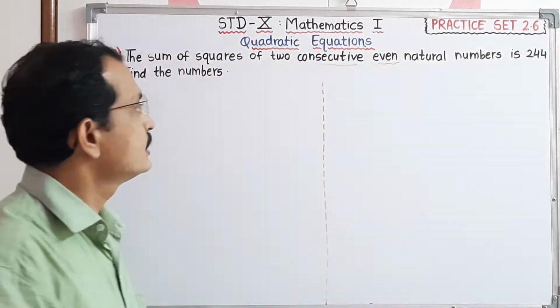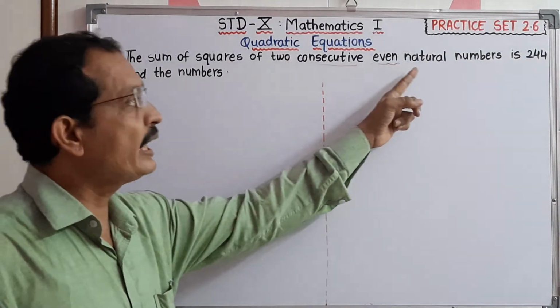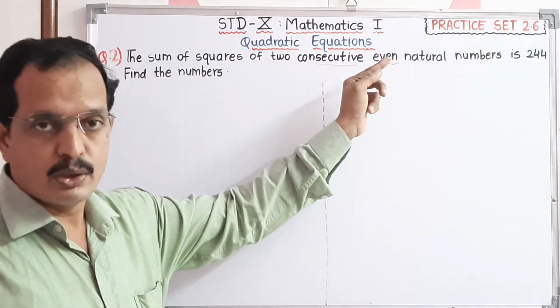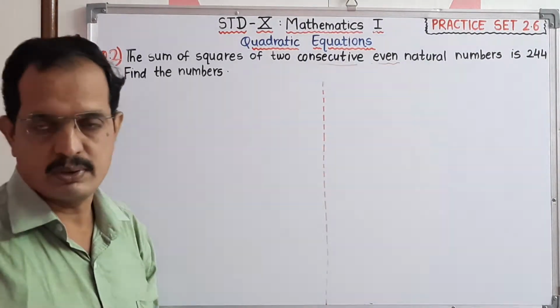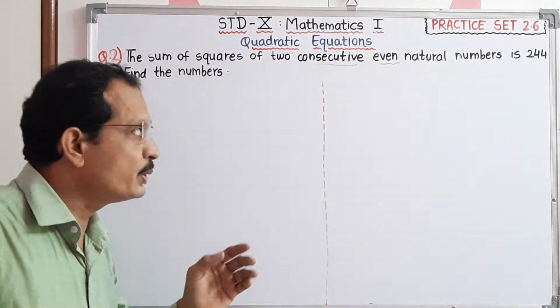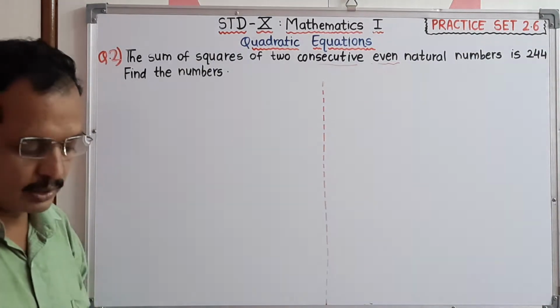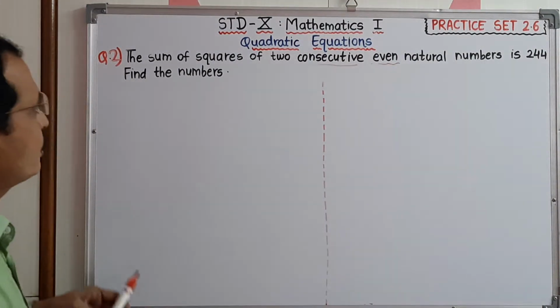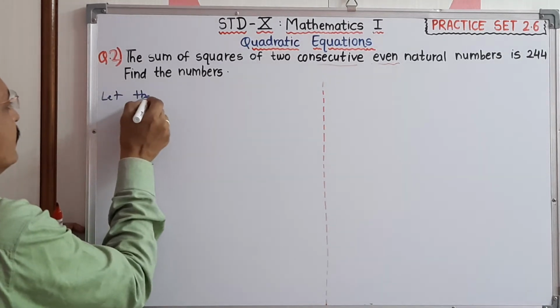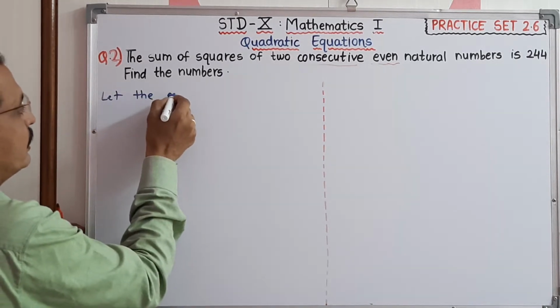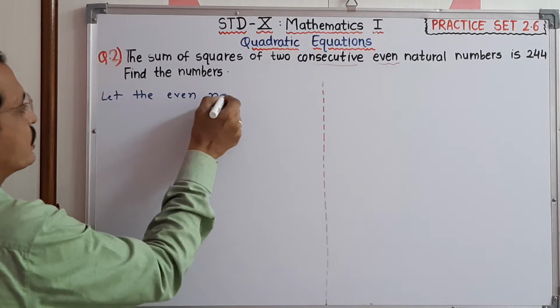Which two numbers? They are even natural numbers. But one condition is consecutive even natural numbers. Consecutive even natural numbers.